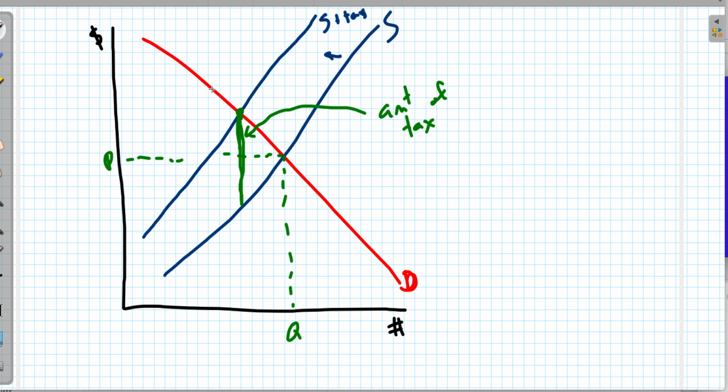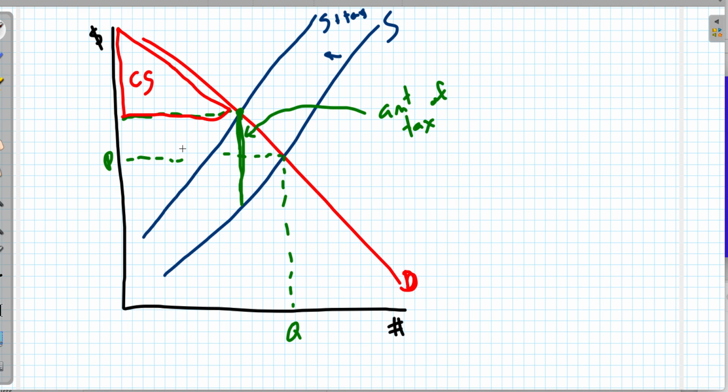What this did is we wind up with a new equilibrium, and a new, smaller consumer surplus. That's going to be the consumer surplus. And we're going to wind up with a different producer surplus, too, because the producer of the product is only going to get this much.